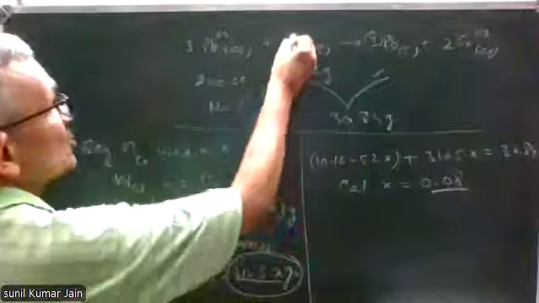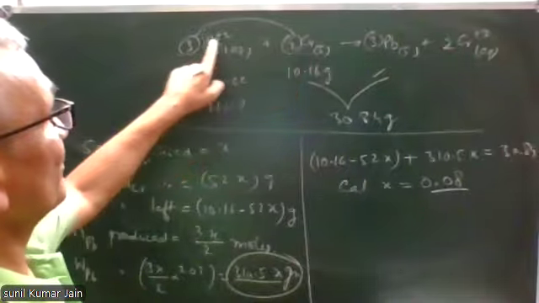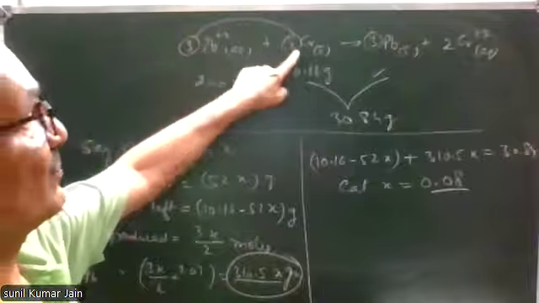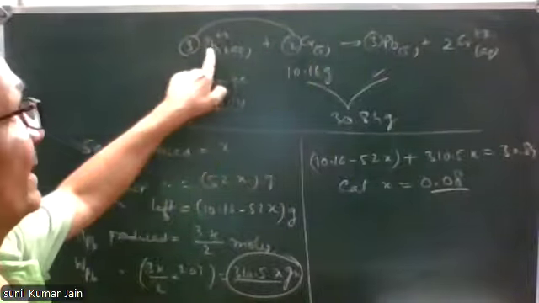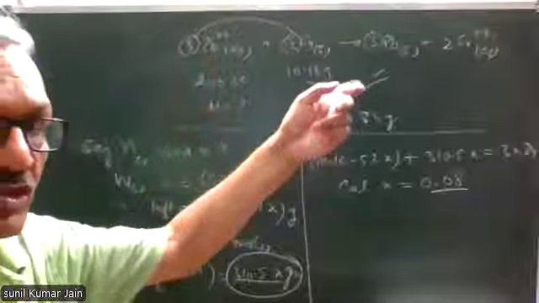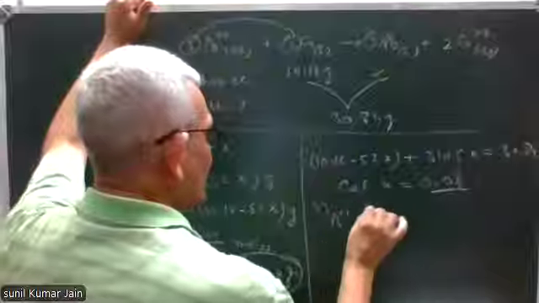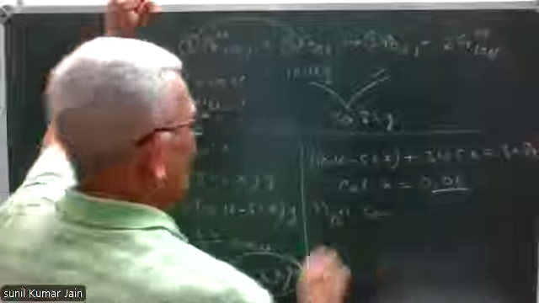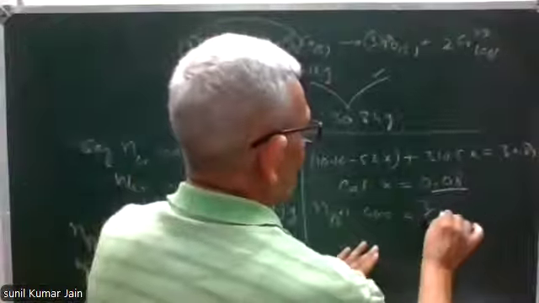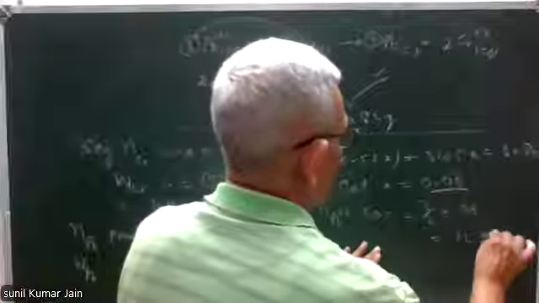Now again look at the stoichiometry. If 2 moles of chromium are consumed, then lead ions consumed will be 1.5 times more, that is 3 moles. So number of moles of lead ions consumed will be 3 by 2 times 0.08, 0.12 mole.